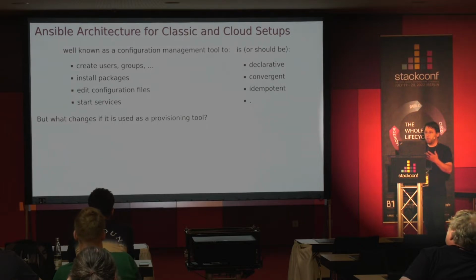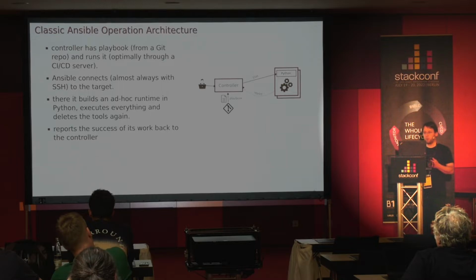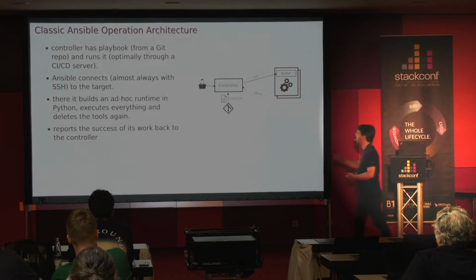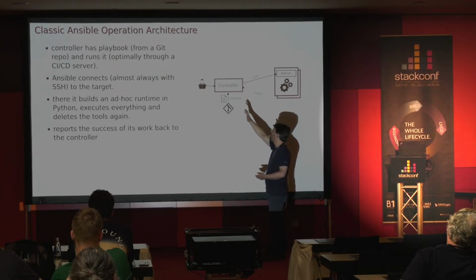Okay, so we see Ansible is very well known in the configuration management space, but what changes if we use this as a provisioning tool? So let's have a short look at the architecture. Here we sit in front of the so-called controller node.